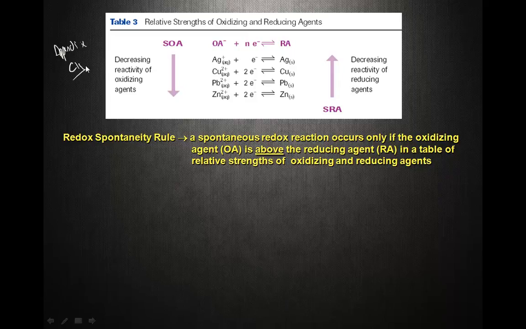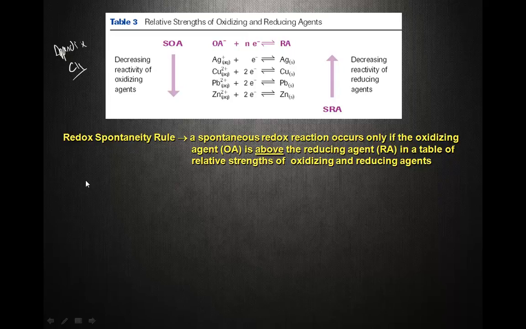If you read the definition there, a spontaneous redox reaction occurs only if the oxidizing agent is above the reducing agent in a table of relative strengths of oxidizing and reducing agents. Quite a mouthful, but I think we can break this down into something a little bit simpler.